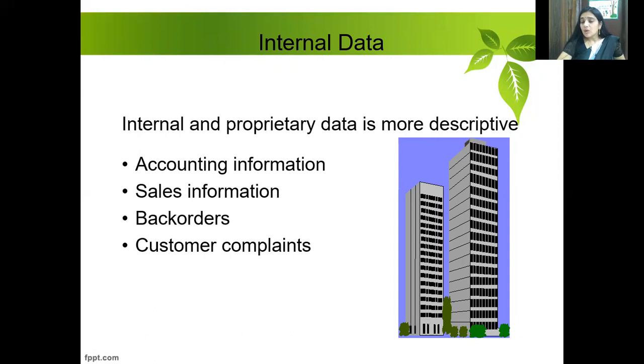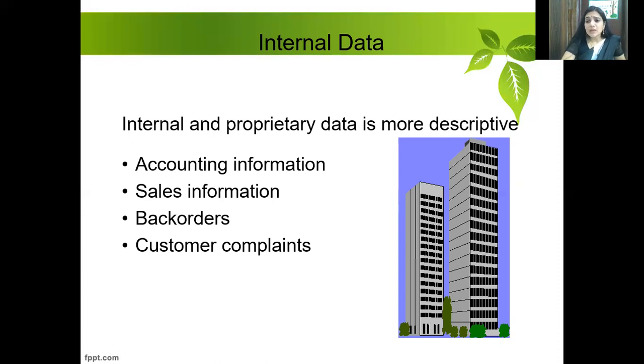The data may be accounting information; the way you record your accounts is also helpful. Then sales information, where sales is actually happening. Then back orders, customer complaints. Accounting information will help you with sales related information as well: maybe money available to the company, cash available to the company, loans taken by the company, everything related to money.